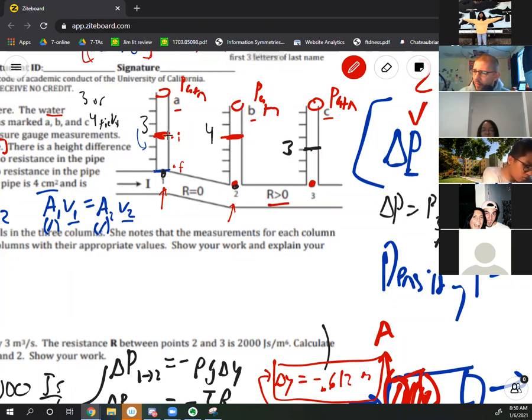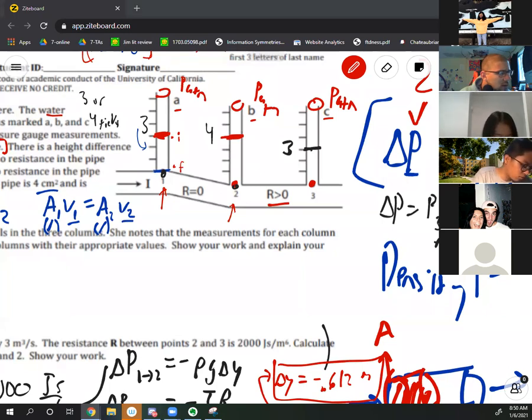In 1, we have 3 ticks. In 4, we have 4 ticks, which means we went up 1 tick in pressure. From 2 to 3, we go from 4 ticks to 3 ticks, which means we went down 1 tick in terms of pressure. So both of them represent a change of 1 tick.